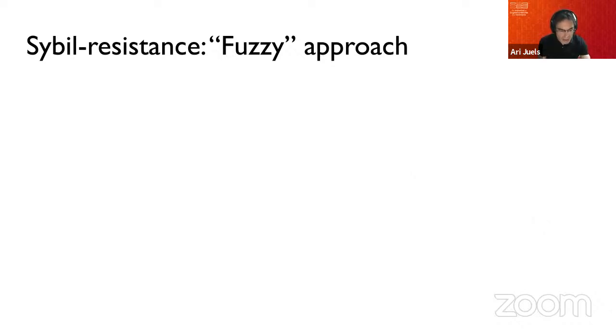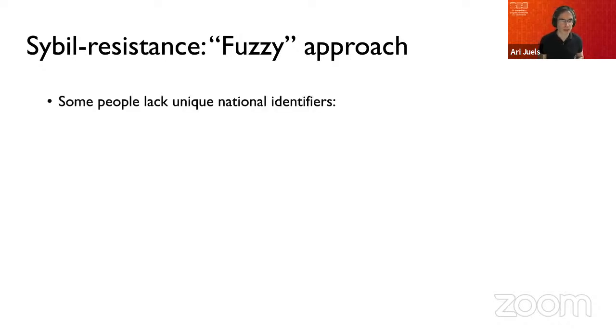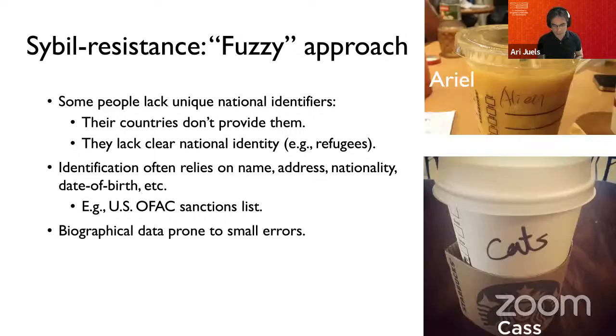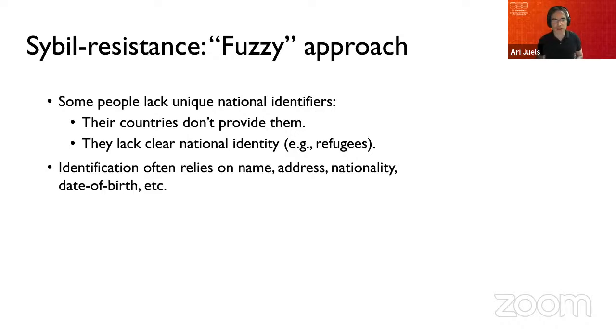Now, not everyone has a unique identifier issued by a national authority. So another approach that we have built into Candid, which I won't get into in detail, is what we call the fuzzy matching approach. So the idea here, and we're all familiar with the challenge of matching misspelled names to previously registered ones. The idea here is that a user relies on name and address, nationality, other types of collection of information that's used in a number of contexts to identify users uniquely.